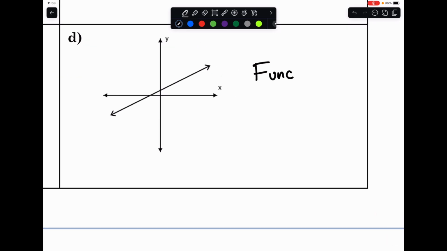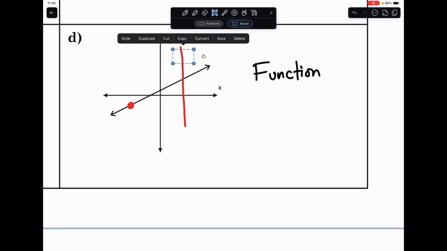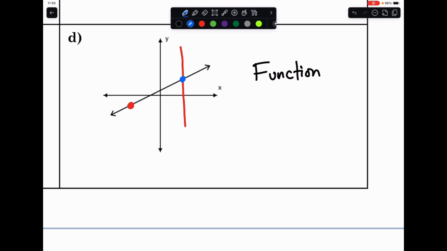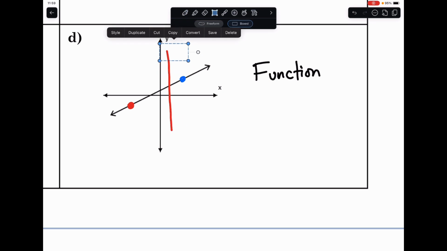If I draw any vertical line, each vertical line only intersects the relation in one location. Like this vertical line only intersects the relation there. This vertical line intersects the relation only there. And this vertical line intersects the relation only right there. So this would be a function.